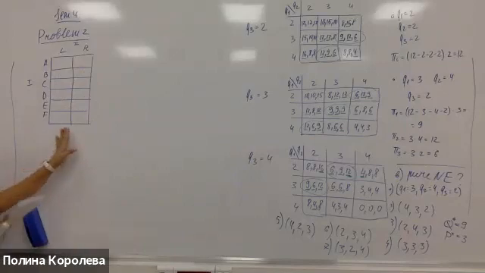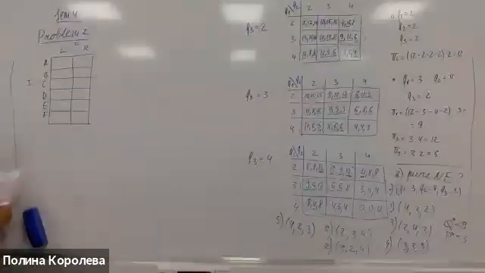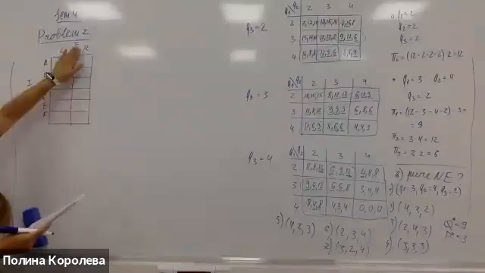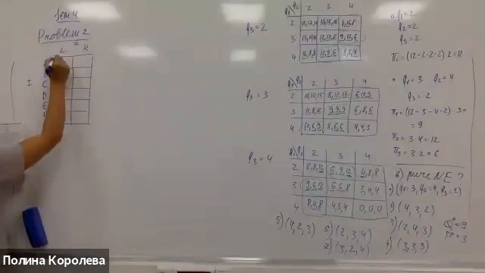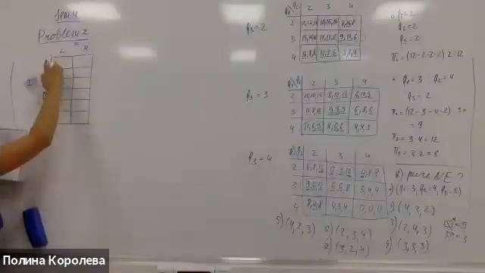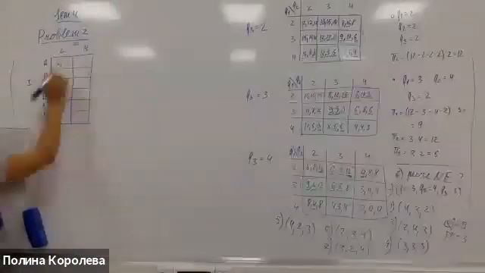So in this matrix, we have only the first player's payoffs. We don't know the payoff of the second player, but we don't care. Here, the first player will get 3. The second, we don't know.